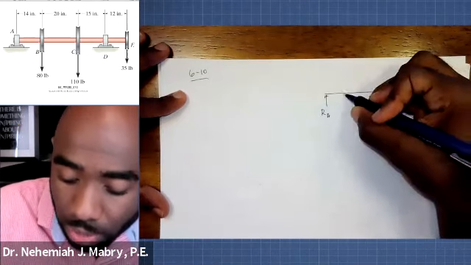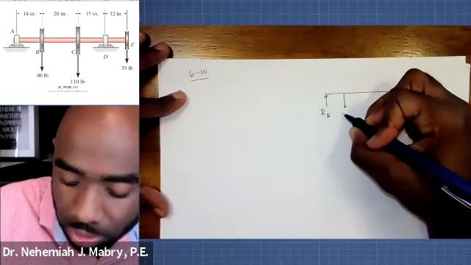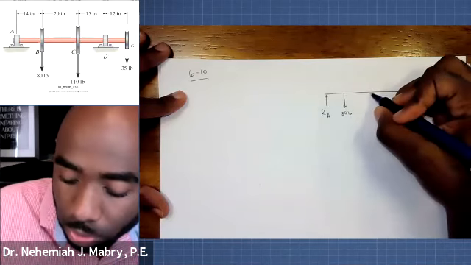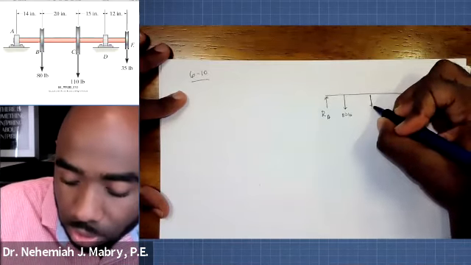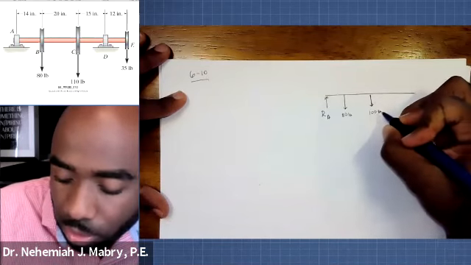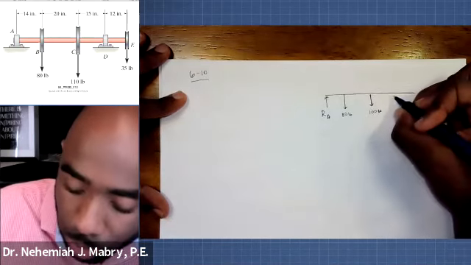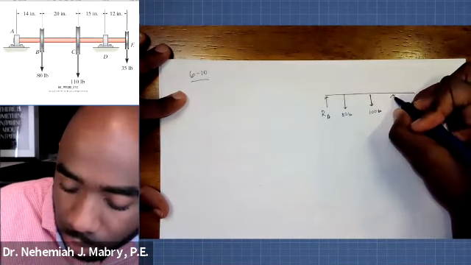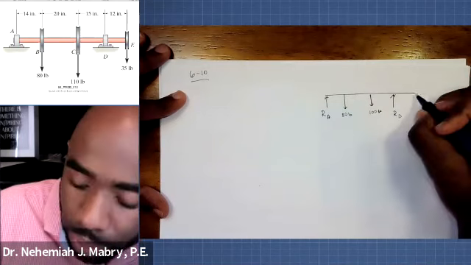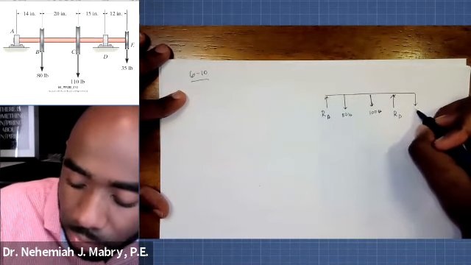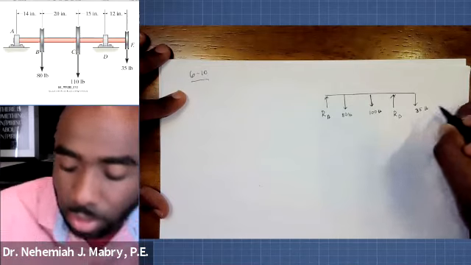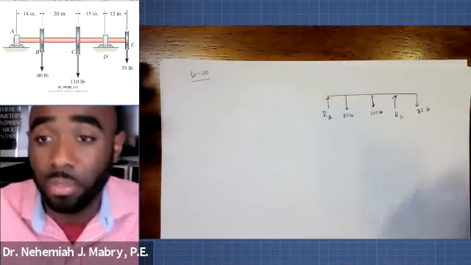Over here, a downward force of 80 pounds. A little over, another downward force of 110 pounds. Over here, another reaction, call that RD. And then another 35 pounds going down.